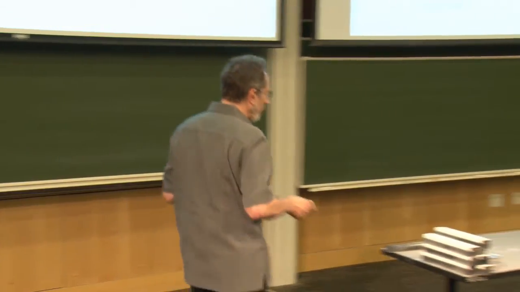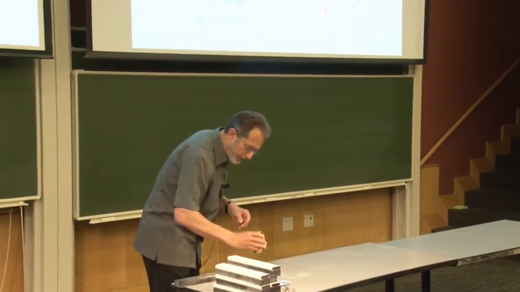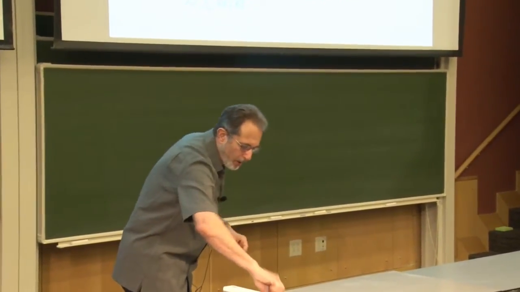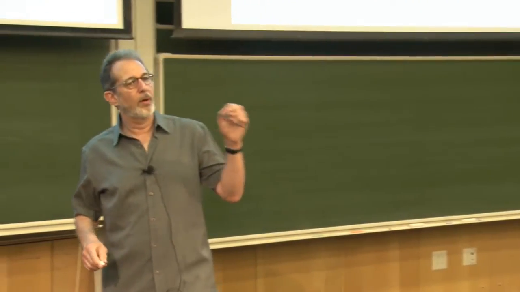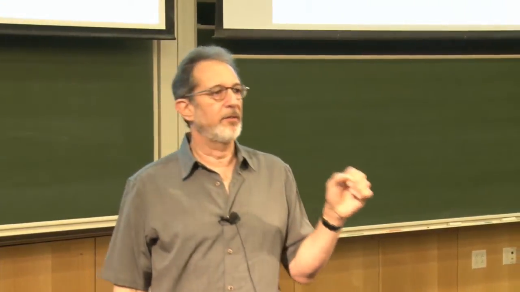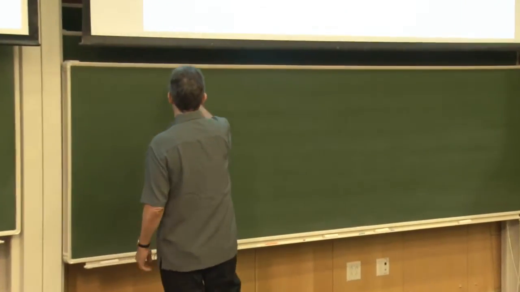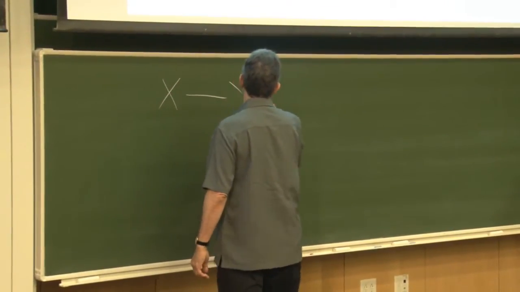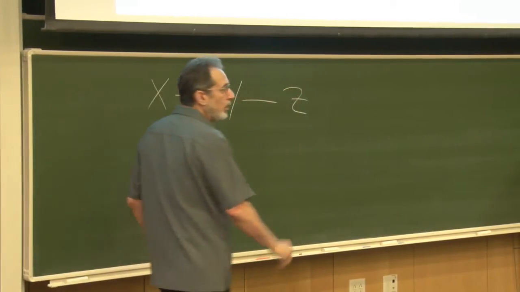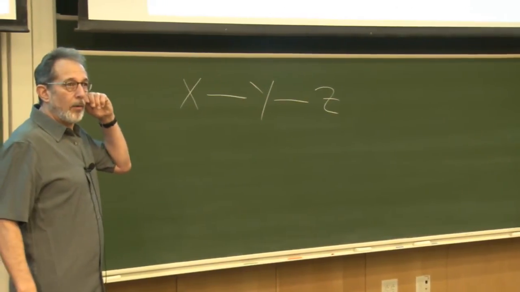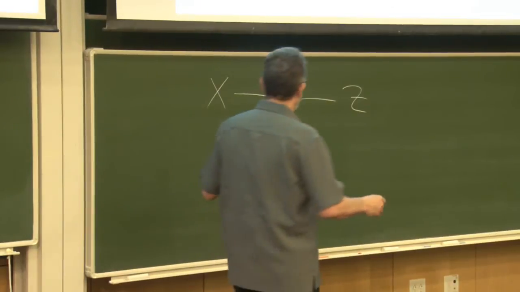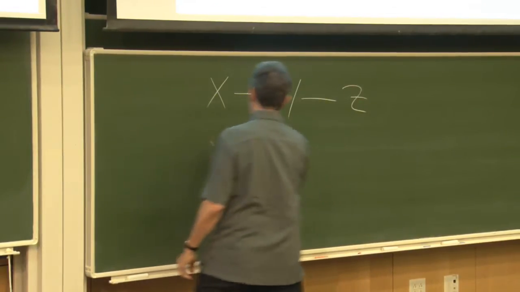I can give you one quick example of one of the variants of the PC that's called PC conservative. So if I have a triple like that, there's only two possibilities that ought to happen.